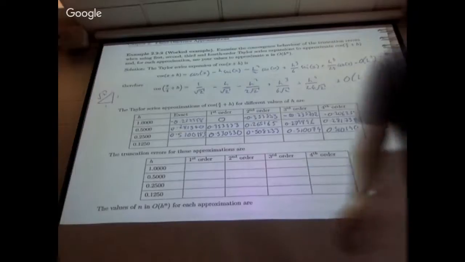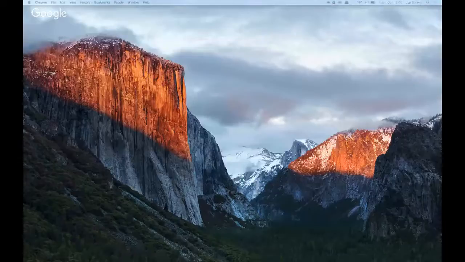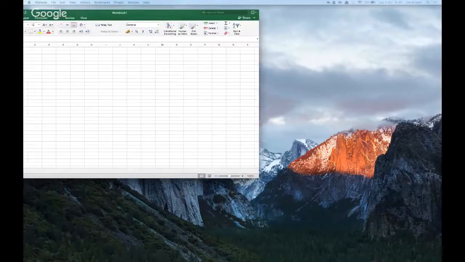Okay, so what I'm going to do now is show you a little cheat. Well, it's not a cheat. It's using the tools available to us. Anybody guess what tool I'm going to use? Yeah, I thought I'd use something else.